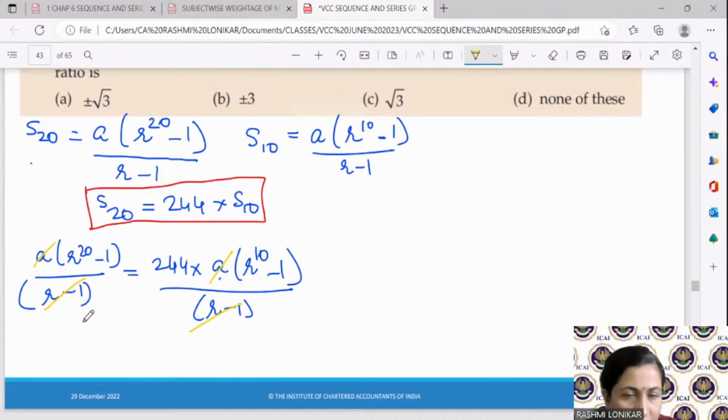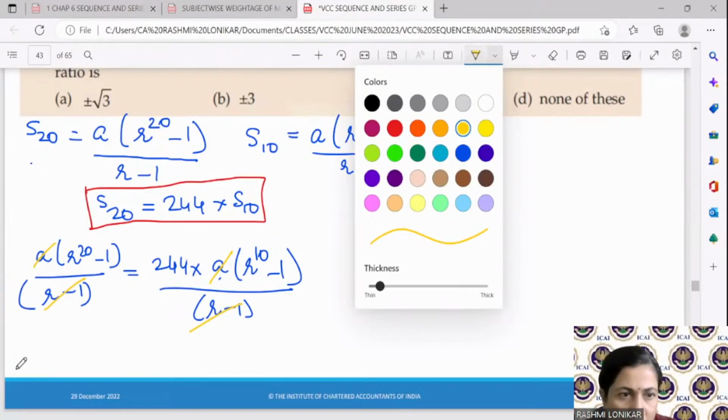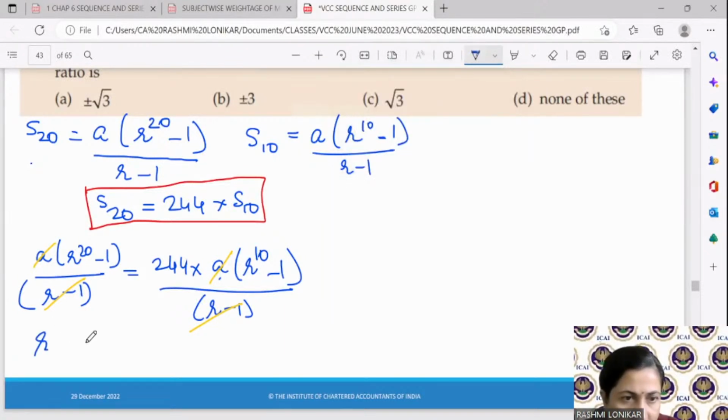What you are left with is R raised to 20 minus 1 is equal to 244 into R raised to 10 minus 1.